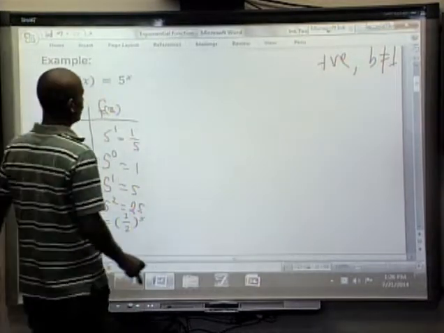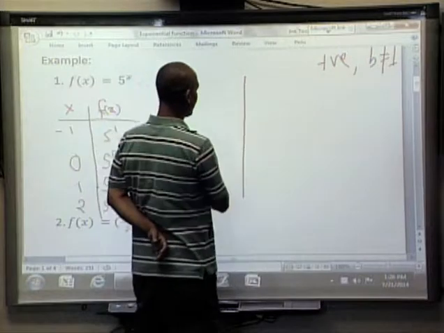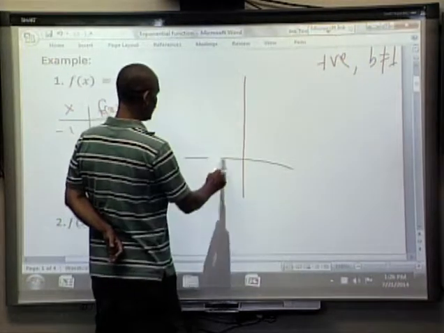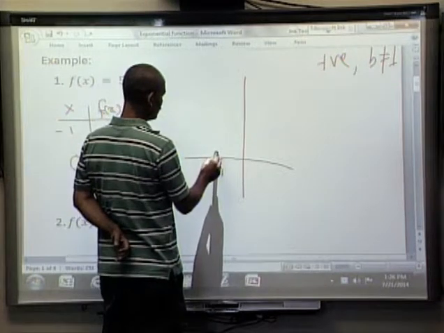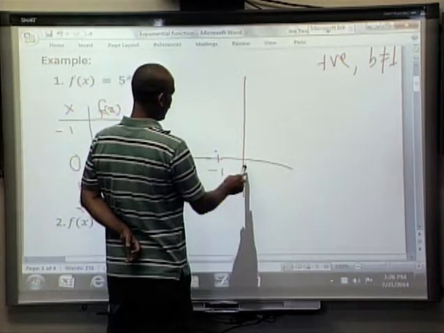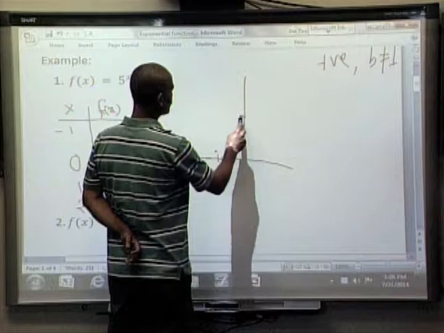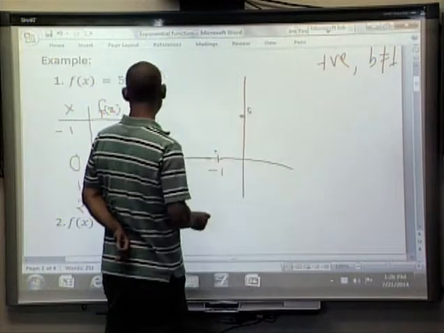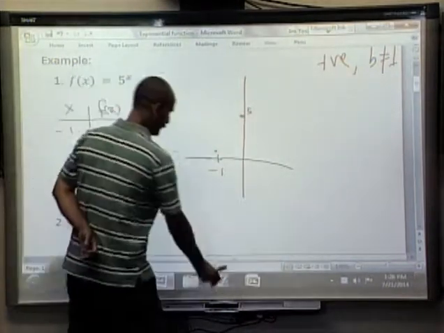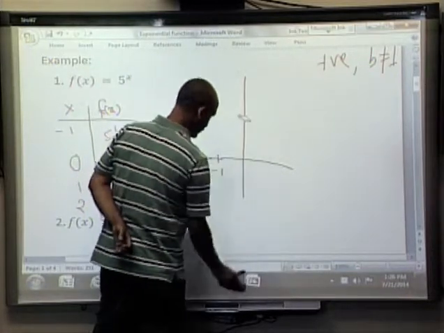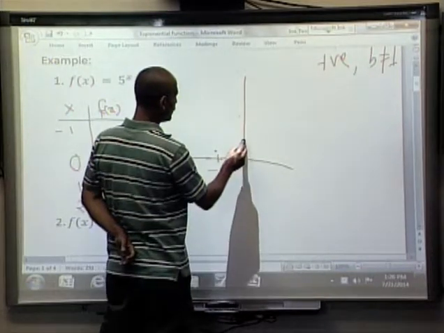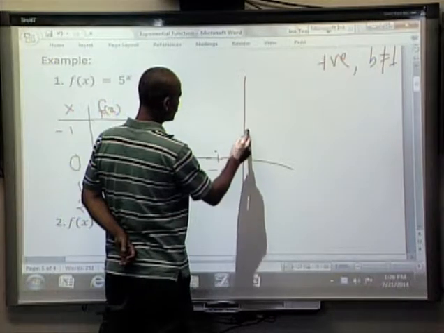If we want to graph it, at -1 the function is 1/5 here. The function is 1 when x equals 0.